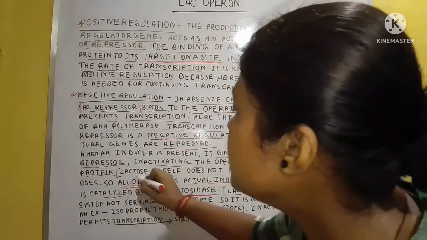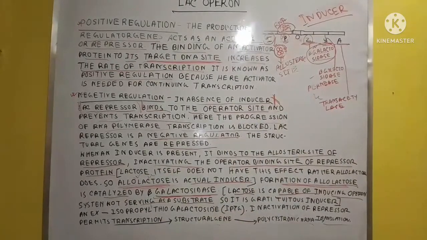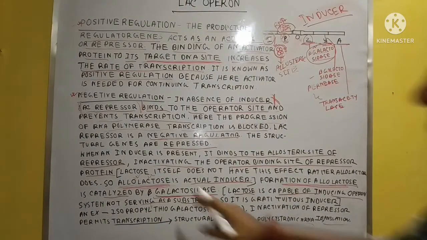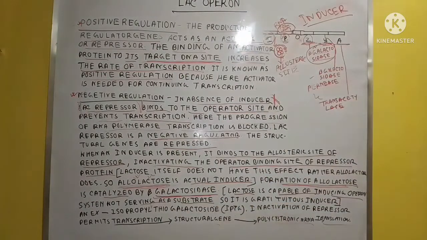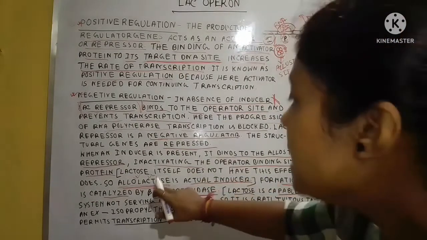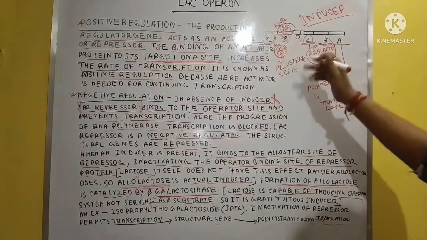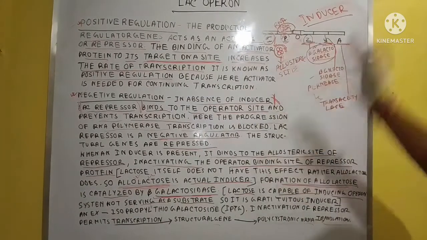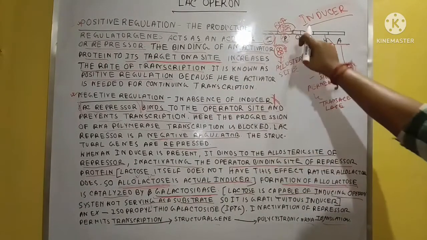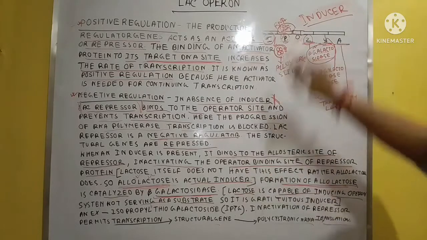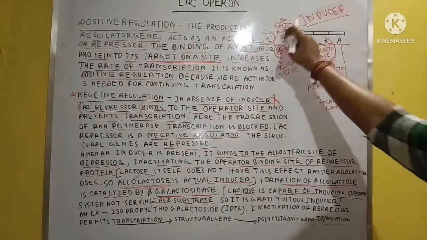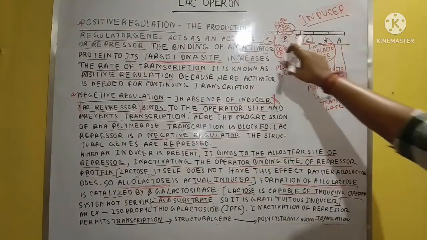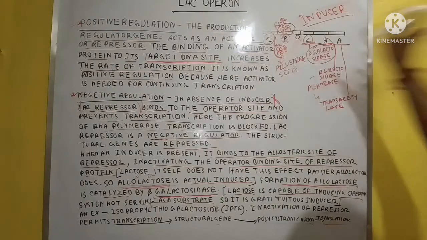Lactose is only the inducer, and allolactose is the actual substrate. That helps to bind with the repressor protein and block the binding of the repressor protein to the operator site. And as usual, the RNA polymerase proceeds, and it helps the transcription of the structural genes.